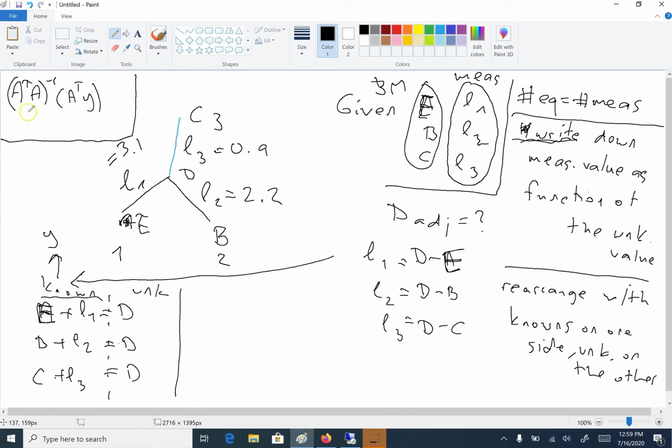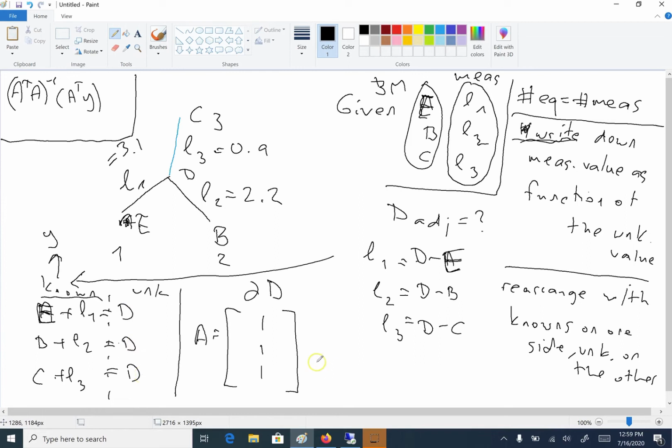And the Jacobian is the partial derivative with respect to the unknown for each equation. The partial derivative with respect to D is just 1, 1, and 1. Partial with respect to D for this equation is just 1, 1, 1.